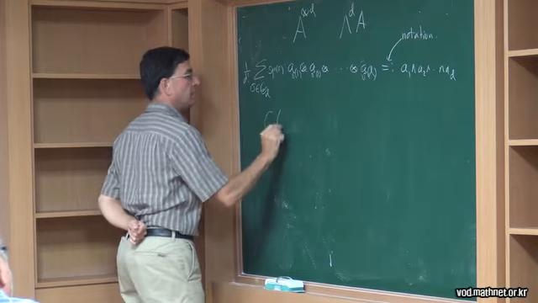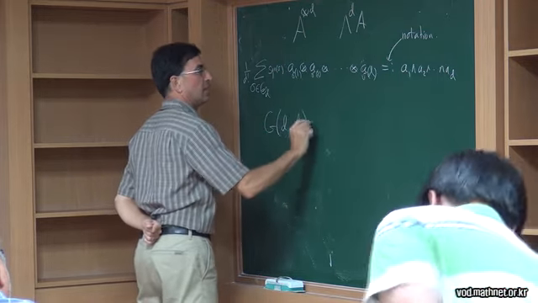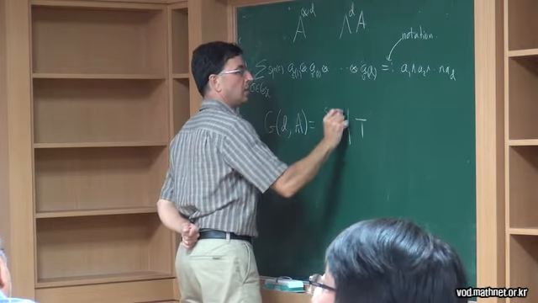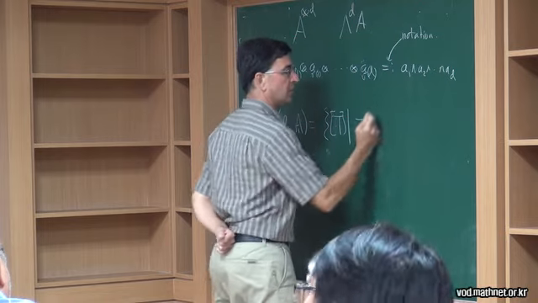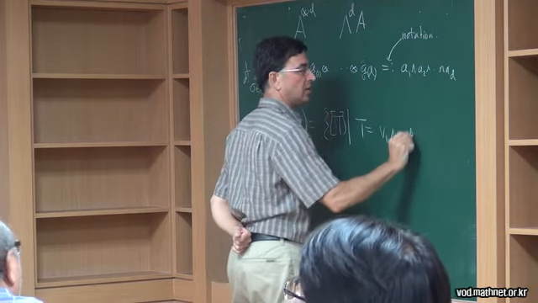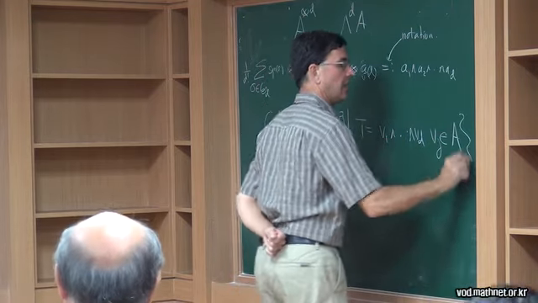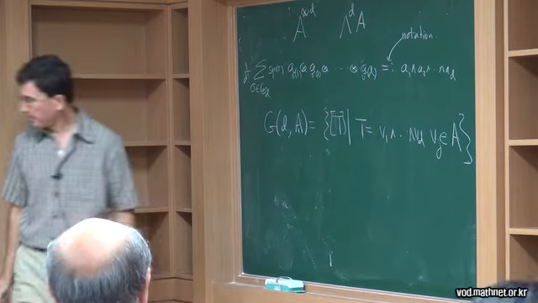And the Grassmannian is exactly those T such that T is equal to some V1 wedge ... wedge VD, where the Vj are elements of A. And you see that those have to be linearly independent.